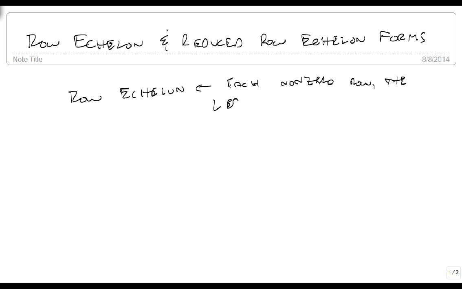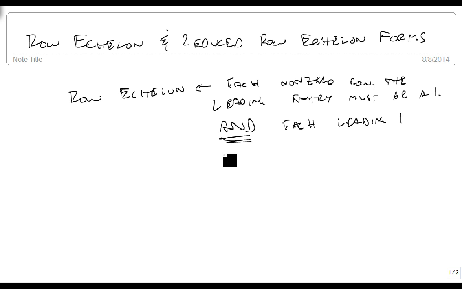Row echelon form, we talked about this in our definitions, says that for each non-zero row, zero rows are okay, the leading entry must be a 1, and each leading 1 must have zeros in the columns below it.